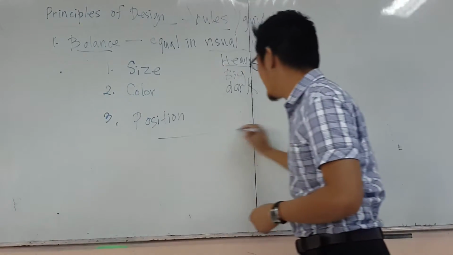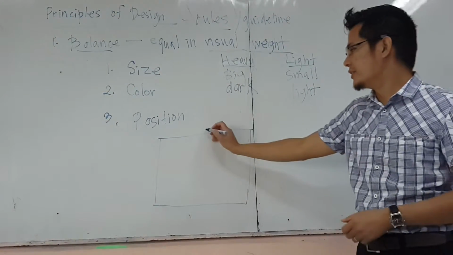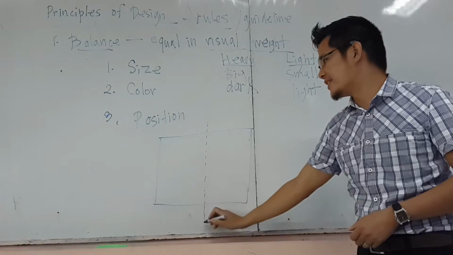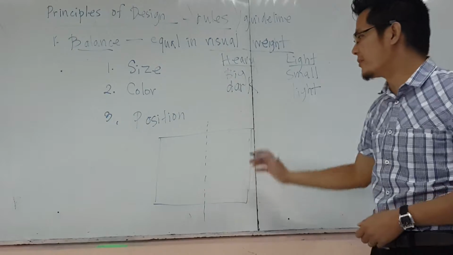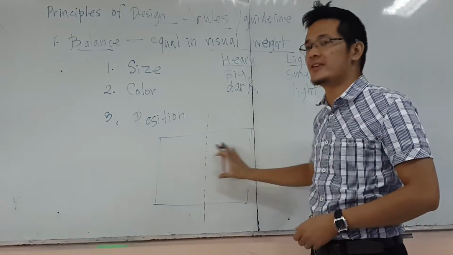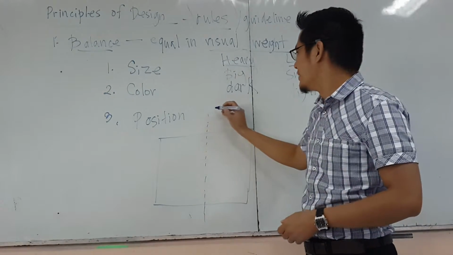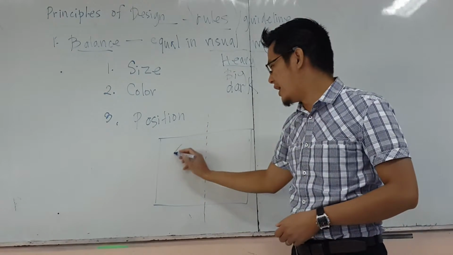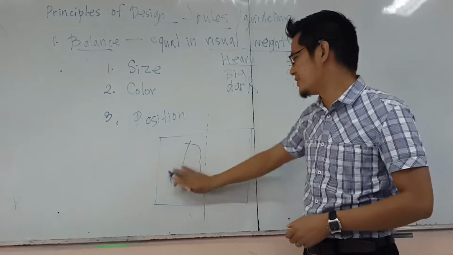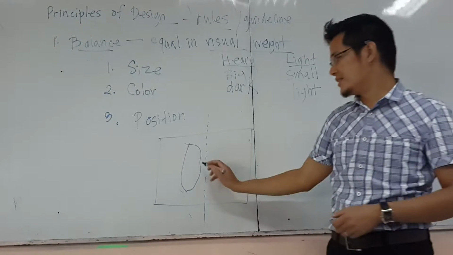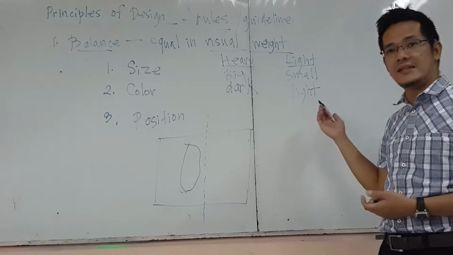Now remember, whenever you make an artwork, there is an imaginary line that separates your paper into two. So we have a center. In our minds, we have two spaces, one on the left, one on the right. If we create an object on the left that is near the center, does it look heavy or light?